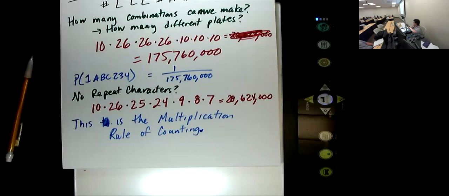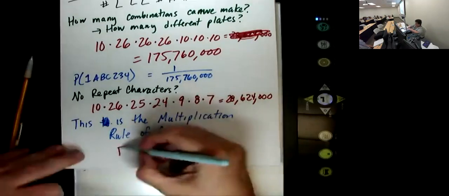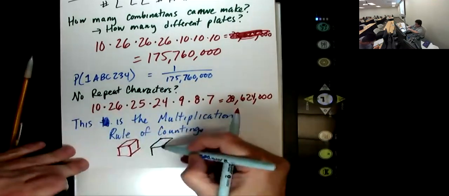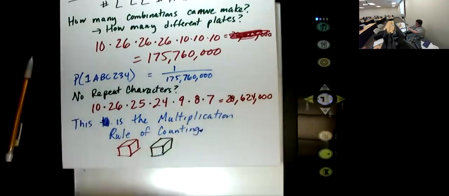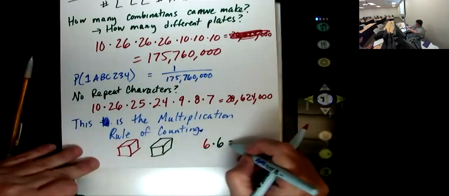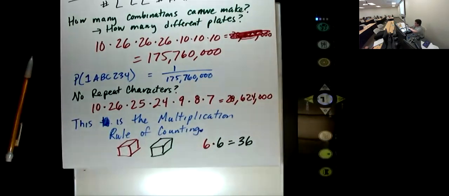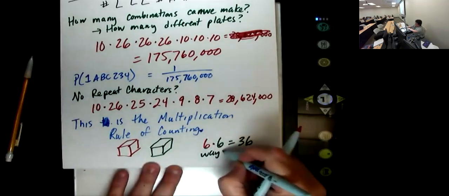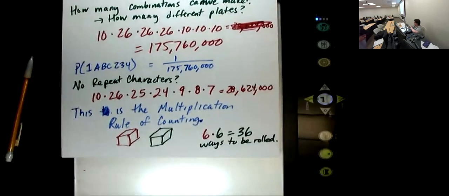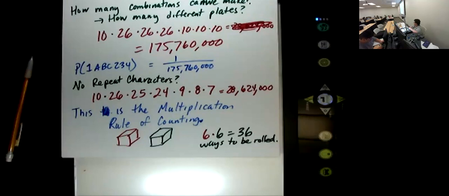Maybe in the future I'm going to teach this before I do 5.2, because if we have 2 dice, a red cube and a green cube, each one has 6 sides. So there are 36 ways those dice can be rolled.